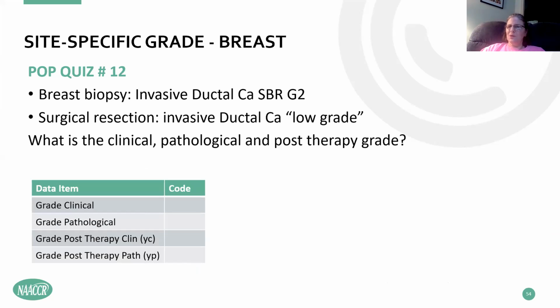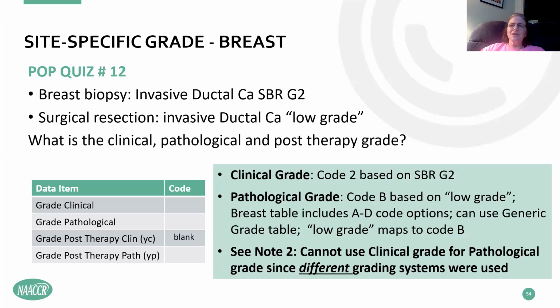So here's an example where some of the notes that we just went over would come into play. So breast biopsy, invasive ductal carcinoma, you have Nottingham grade 2. Your surgical resection is an invasive ductal carcinoma or low grade. So what is the clinical path and post-therapy grade? So your clinical grade is code 2 based on the Nottingham 2.